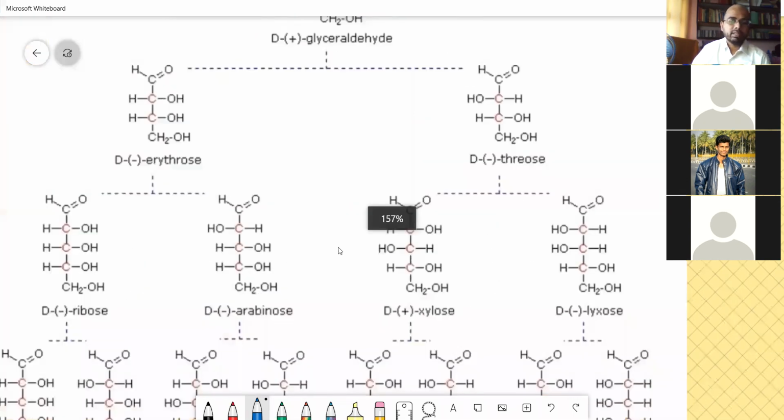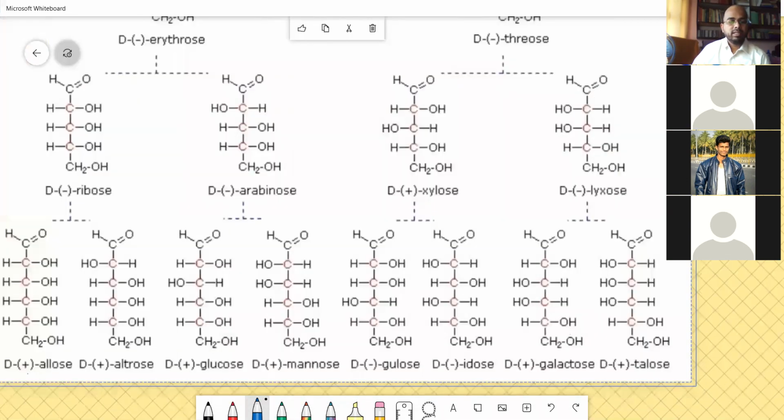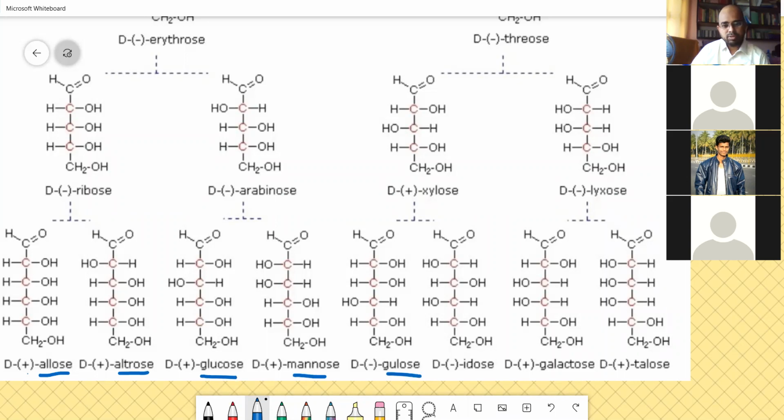And as I told you, the number of asymmetric carbon atoms defines the number of isomers. So here you can see allose is one isomer, maltose is another one, glucose, mannose, and then D-glucose, idose, galactose, like that you have. What has happened here?